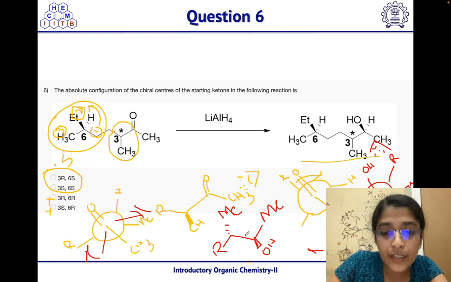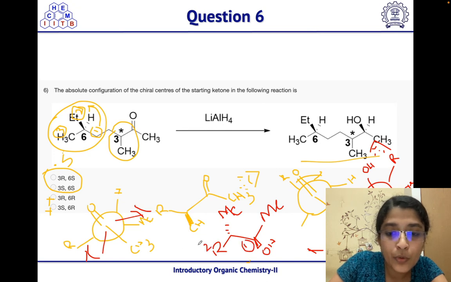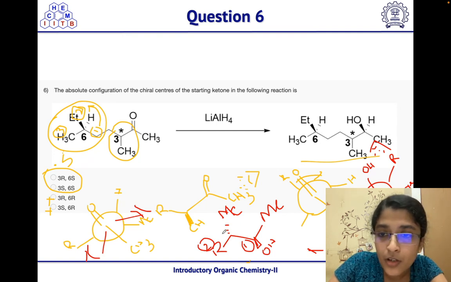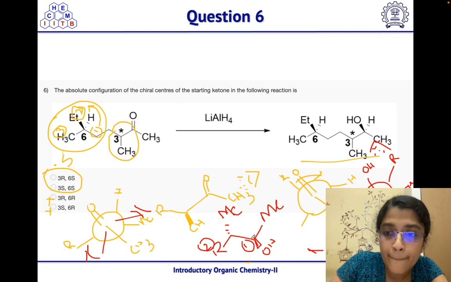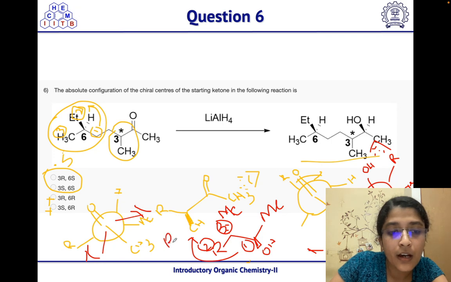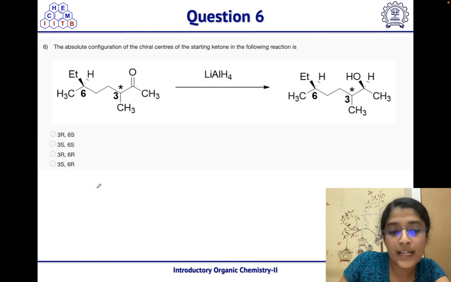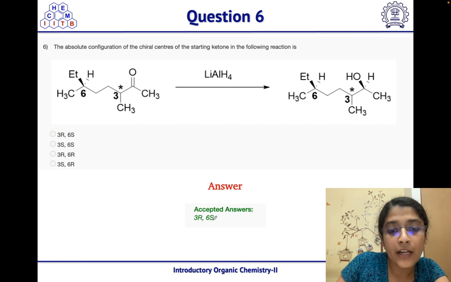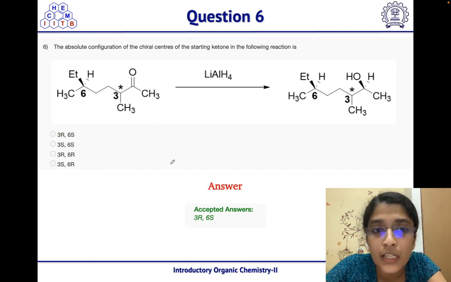So when we number it, it will be 1, 2, and priority will come first to this side, then this, and then 3. 1, 2, and 3. It will be R. So the correct answer is 3R and 6S. Is this clear?